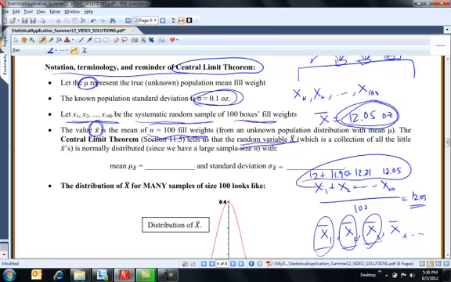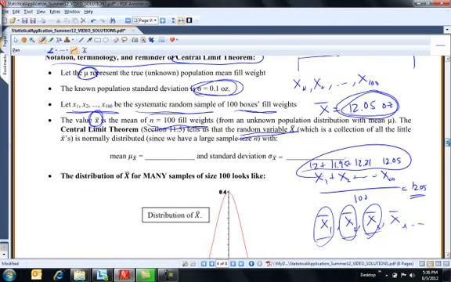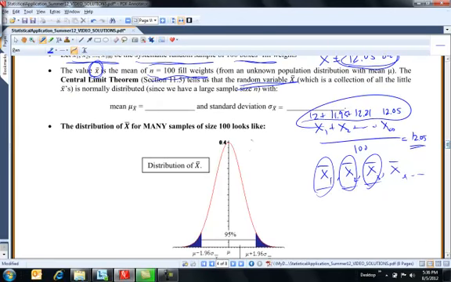If I graphed all those little x bars, I get the graph of big X bar, which represents the distribution of all the little x bars.